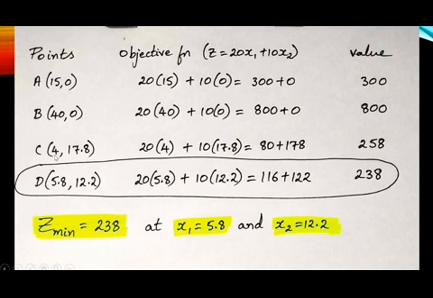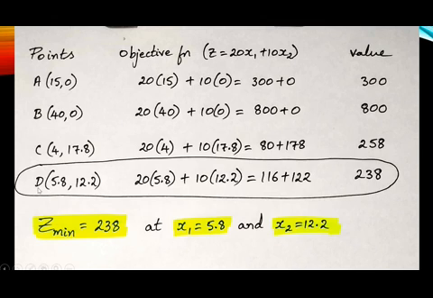Now C is 4, 17.8. So when you substitute it in the objective function, you get 20 into 4 plus 10 into 17.8. 20 into 4 is 80. 17.8 into 10 is 178. 80 plus 178 gives you 258.